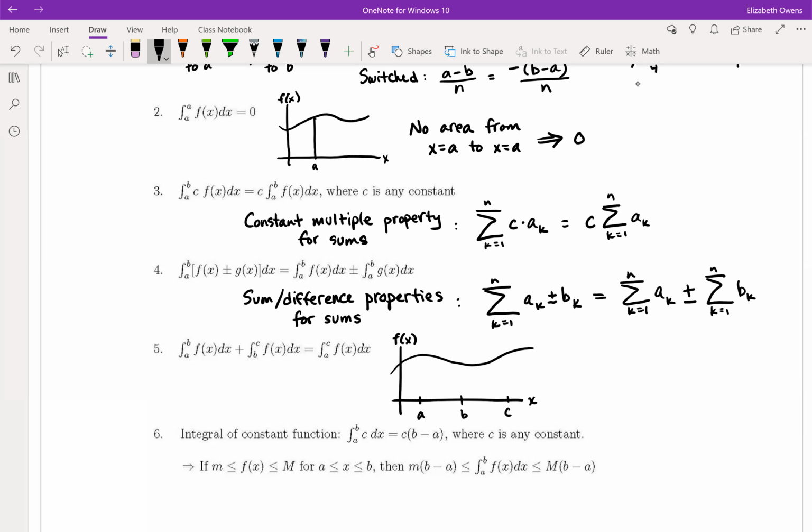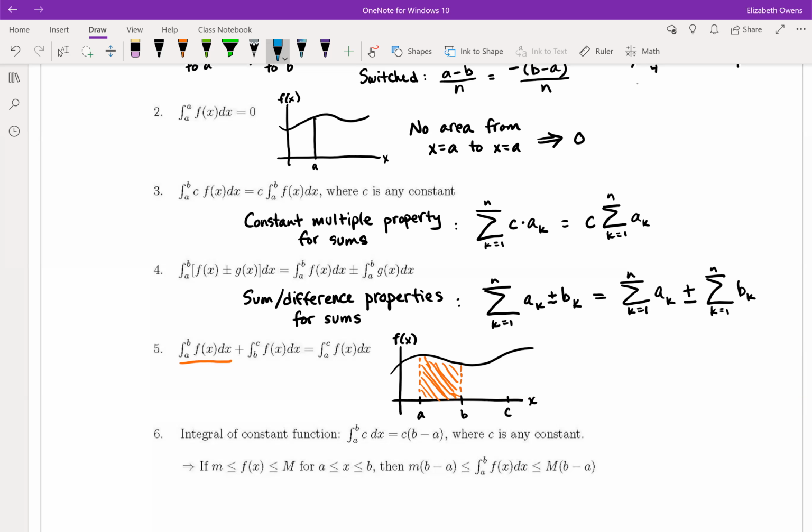And so this first integral here, going from a to b of f of x dx, we know that that's representing the area underneath our curve from A to B. So that would be this area right here in orange. Okay, so that's that guy.